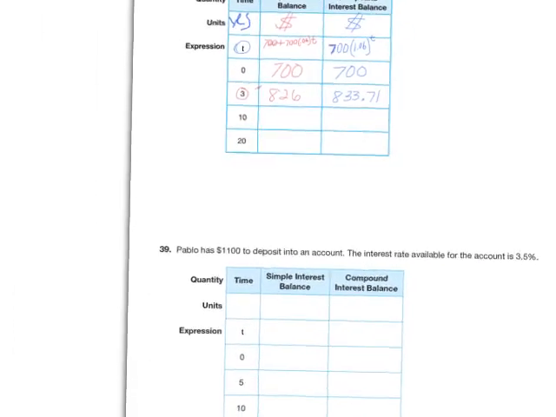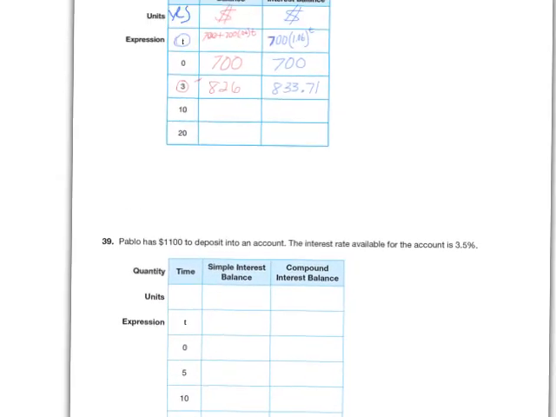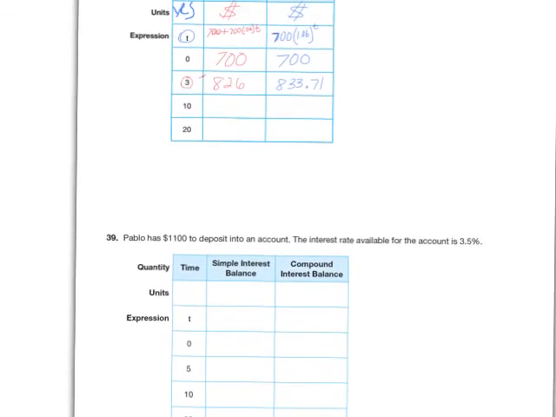All right, the last one, Pablo, he has the $110. So do the same thing here. Okay. Keep in mind the interest rate here. You move the decimal point twice because you basically do this divided by 100. Okay. If you do that, you won't ever get the wrong answer. 3.5 divided by 100.